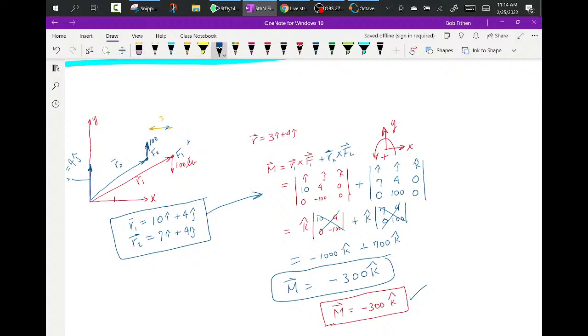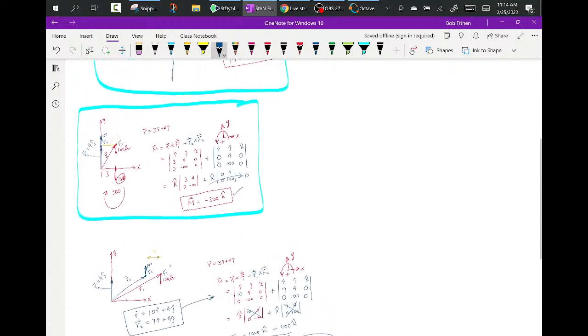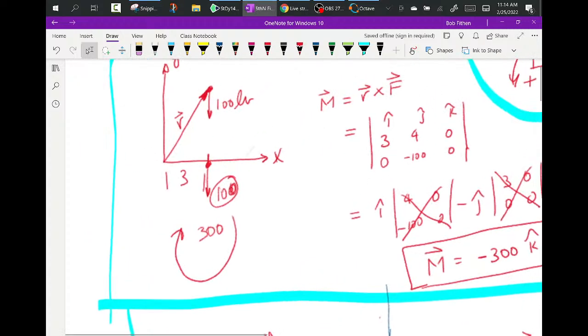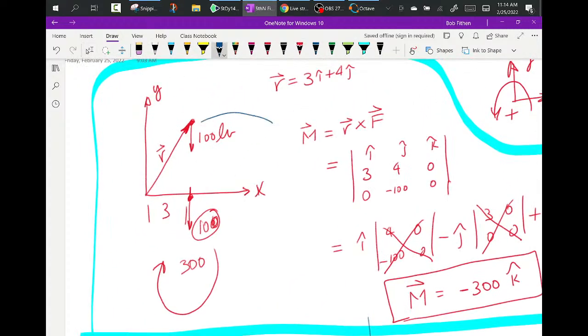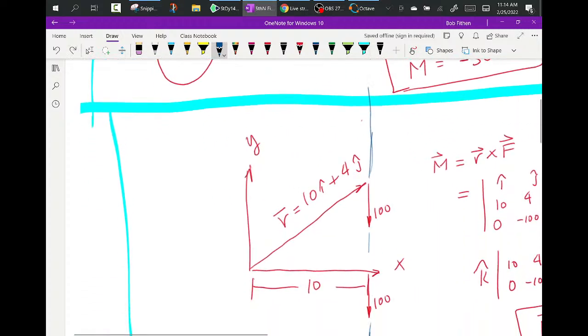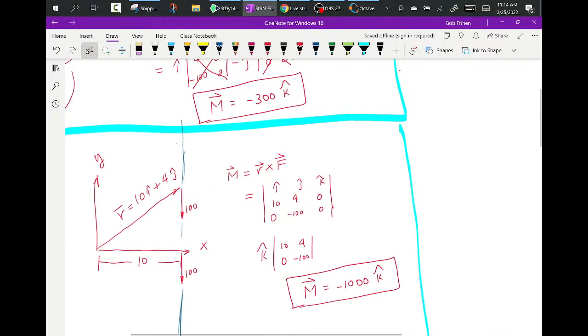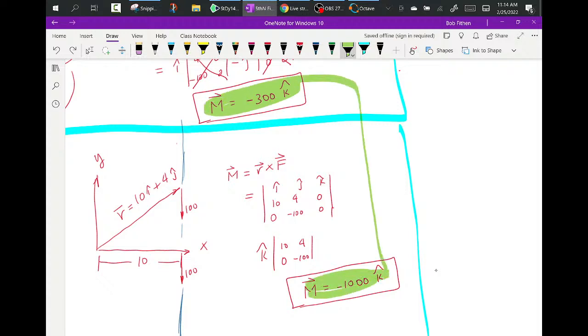Hey, wait a minute, it didn't change. Now here's the key. If I take a single force, like I did, move it to the right, I get two different moments. The first one is 300, the second one was 1,000.